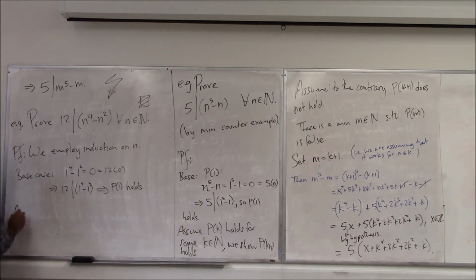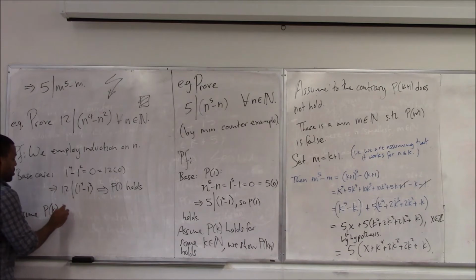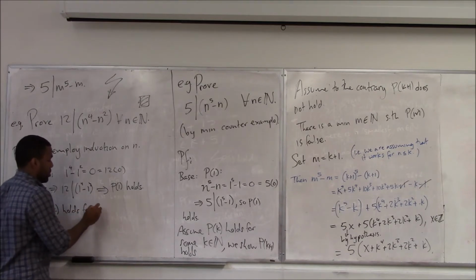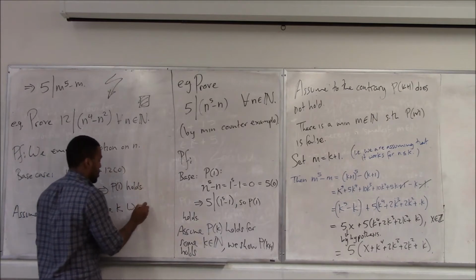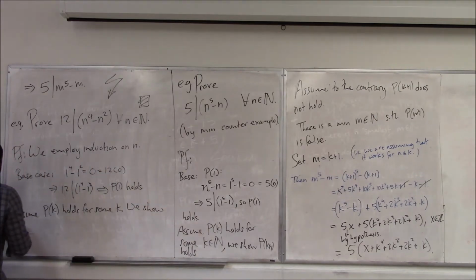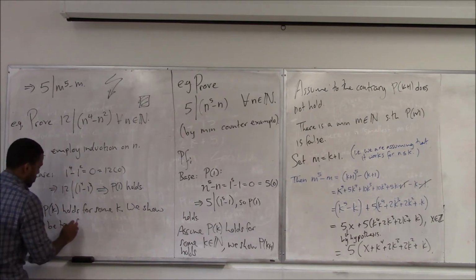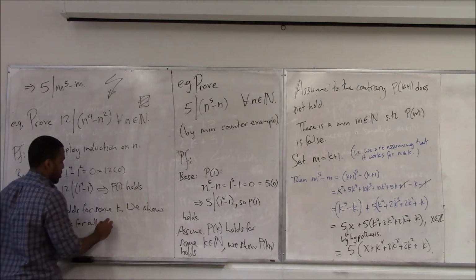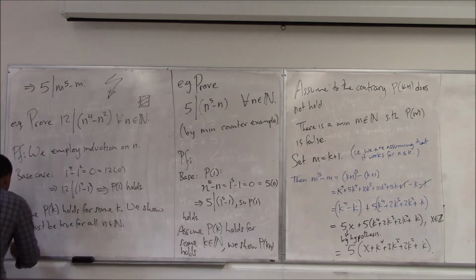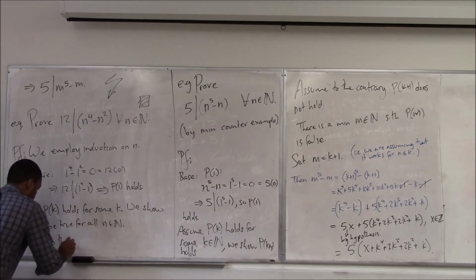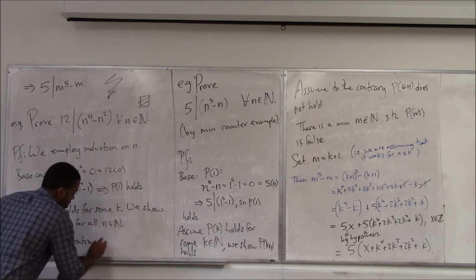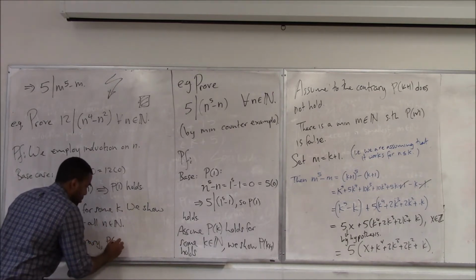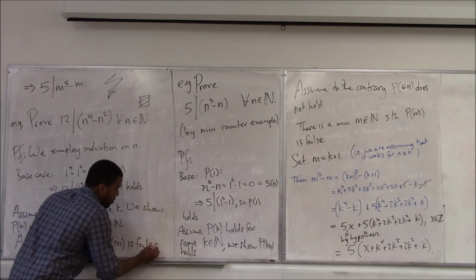So now we're going to say, assume to the contrary P of n is false or something.